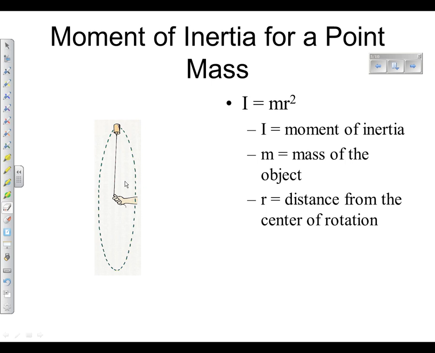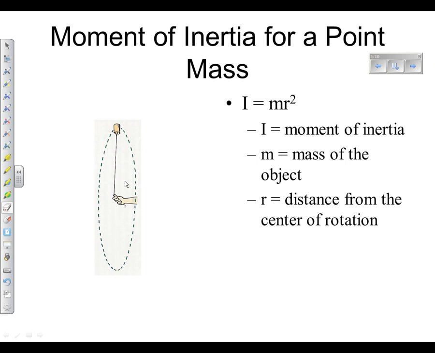That would be fine for something like this, the rod with the masses on it, because the rod is real light and these are much heavier. We could take the mass of these two objects and the distance from the point of my finger, and that would be the moment of inertia for this object. But if we have a solid object like this, there are several masses.